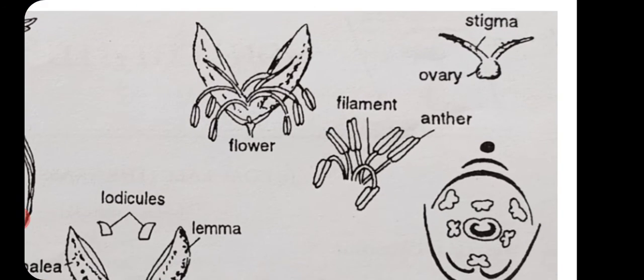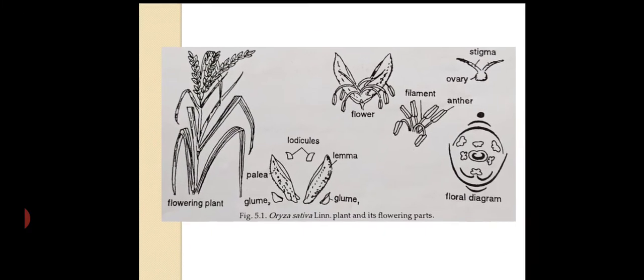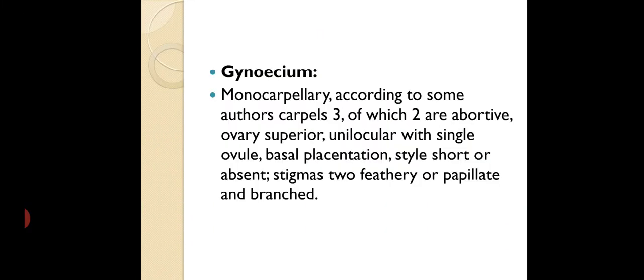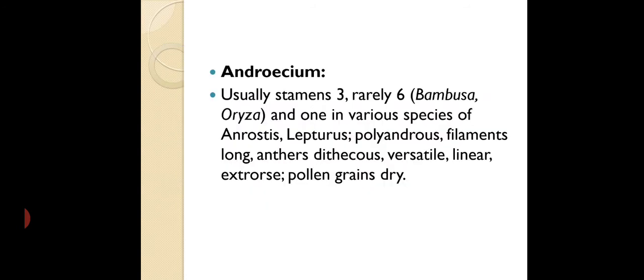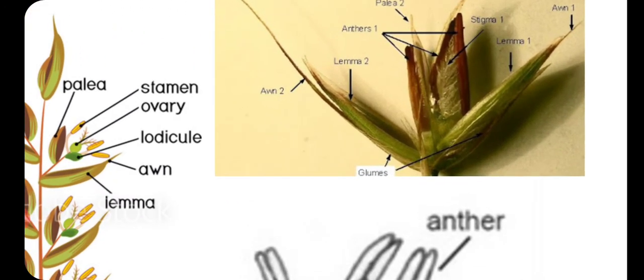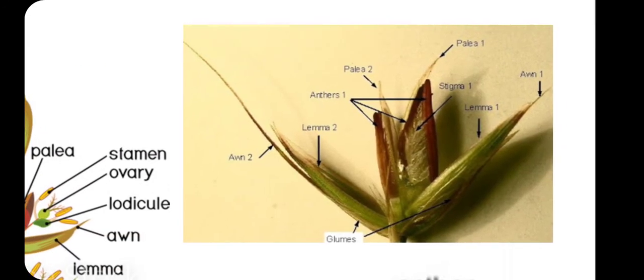Okay. Here also we can see only the ovary and stigma are labeled here because the style is very short. Then basal placentation, then stigma 2, feathery or papillate structures. Here we can see this feather-like stigma. Okay.